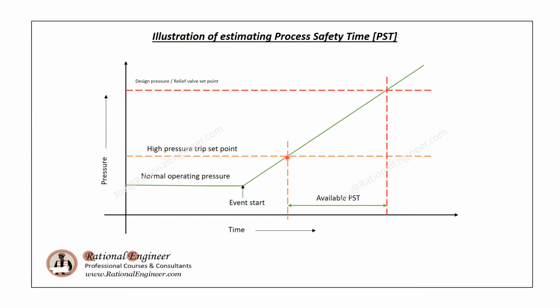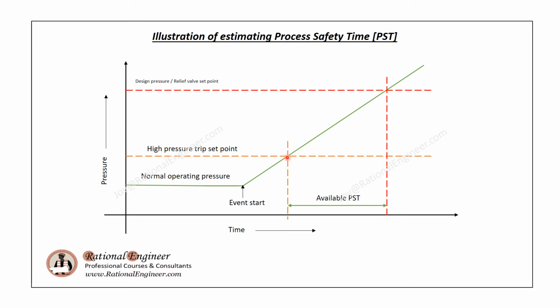When it reaches its high pressure trip set point, the initiators, pressure transmitters, will detect the high pressure set point and give the signal to the IPS logic solver, which then gives the signal to the final element, which is the shutdown valve, to close.